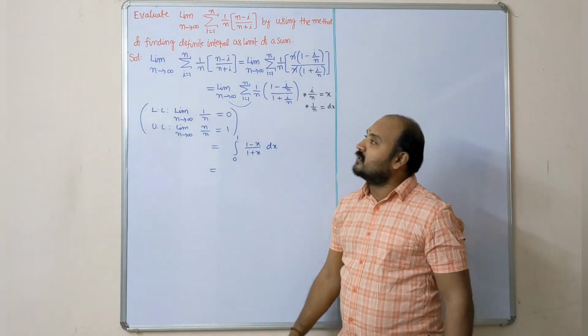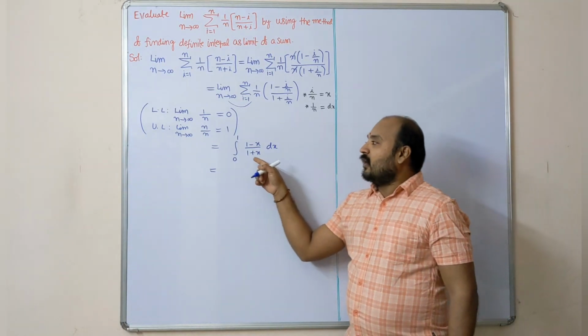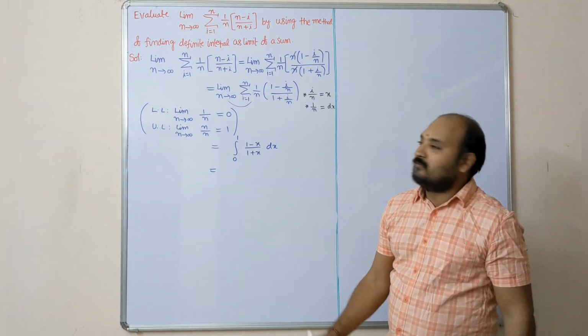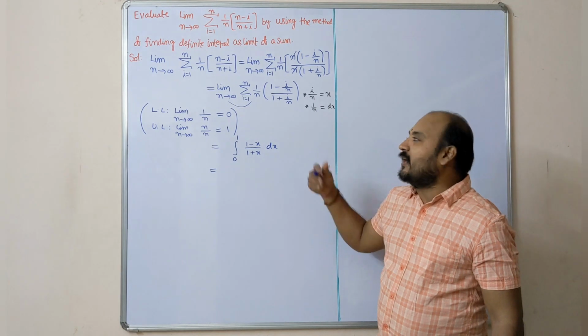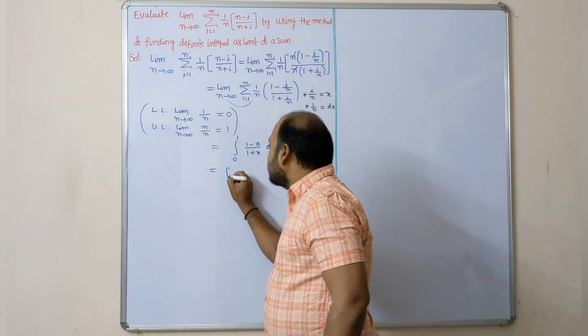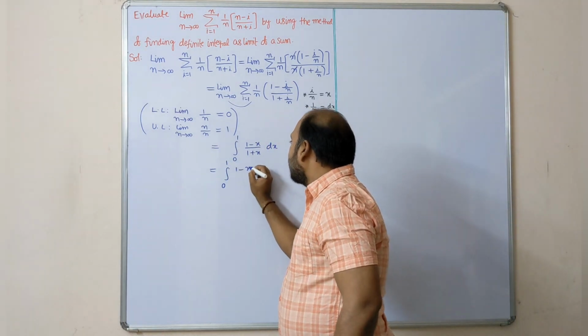In terms of the denominator, we have to write the numerator. So 1 plus x is there in the denominator. I want to get 1 plus x in the numerator also. So integral 0 to 1, 1 minus x.